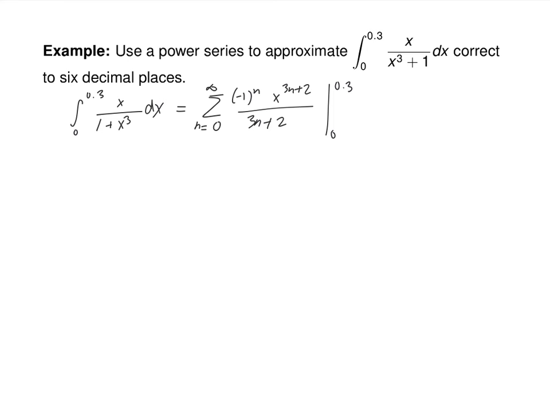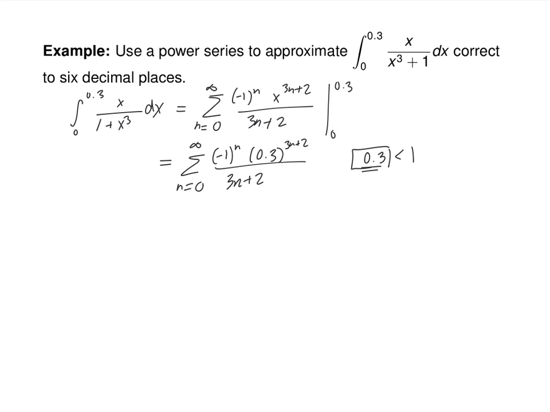And plugging in 0.3, plugging in 0 doesn't matter because you get 0. The sum from n equals 0 to infinity, negative 1 to the n, 0.3 to the 3n plus 2, all over 3n plus 2. And just note here that 0.3 is less than 1, so we know that this series will converge.